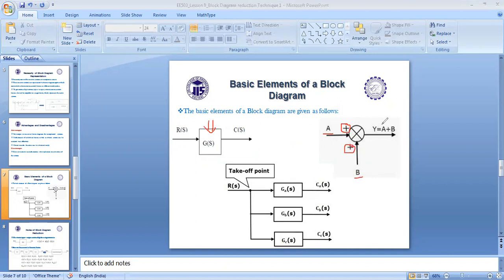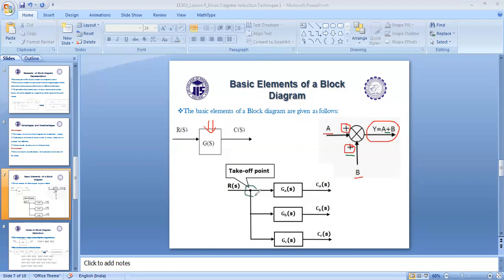Hence, the resultant will be A plus B. But if A is entering the plus terminal and B is entering the minus terminal instead of the plus terminal, then it will be A minus B. So depending on the terminal sign on which it is entering, you will get the resultant as A plus B or A minus B. So this is the function of a summer in a block diagram.